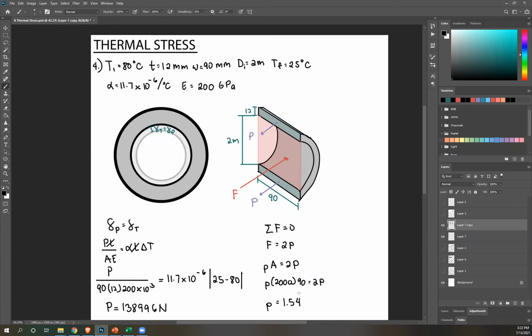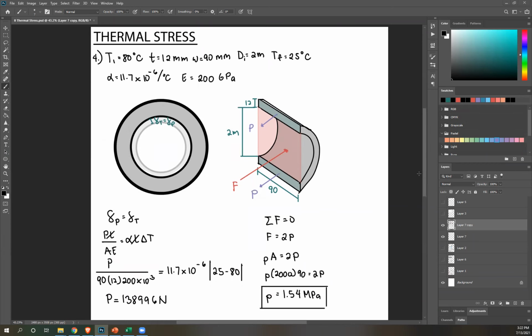And then unit, since all of our units are in Newton and millimeter, so this is MPa. Again, to differentiate, capital P is the force creating your deformation, small p is pressure. So that is number 4. Any questions for number 4, please answer in the chat.